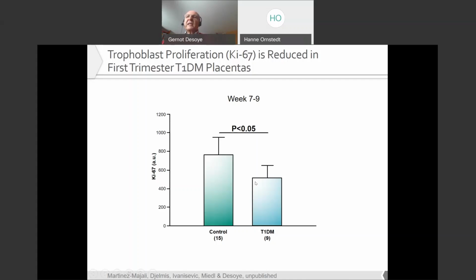And as you can see here, there is a significant reduction in the Ki67 signal in the Western blots of placentas obtained from type 1 diabetic pregnancies as compared to controls in the first trimester. And that is something that really is confirming this idea that there is a reduced placental growth early on. And I have to emphasize that the data were obtained here in week 7 to 9. And I will come back to the relevance of gestational age a bit later.